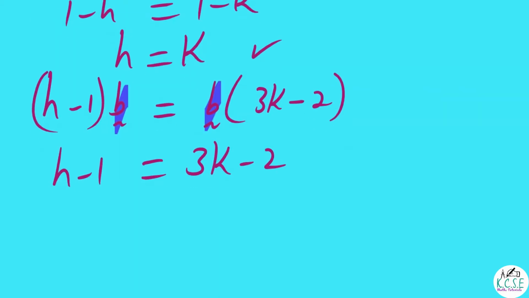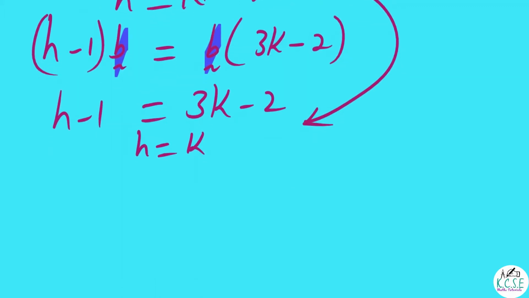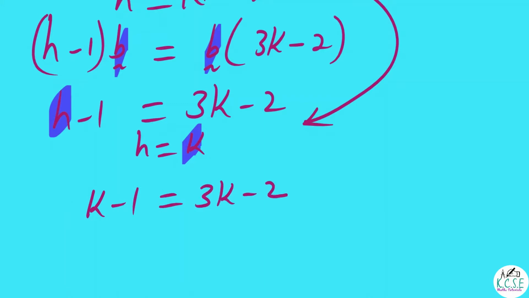So like terms together. But before we group the like terms together, remember that H is equals to K. So if we substitute H with K, we shall get K minus 1 is equals to 3K minus 2.